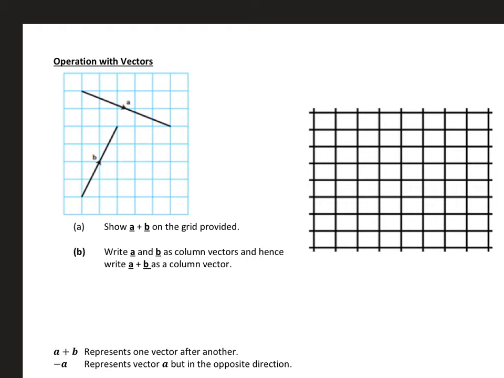So if I start off by doing A, so I'm going to start off somewhere to the left, so let's start kind of towards the bottom as much as I can. So let's start here. So A goes 1, 2, 3, 4, 5 across and 2 down. So here's A.